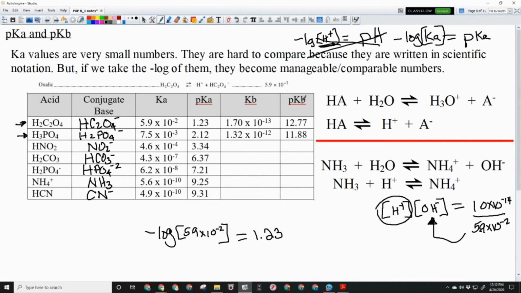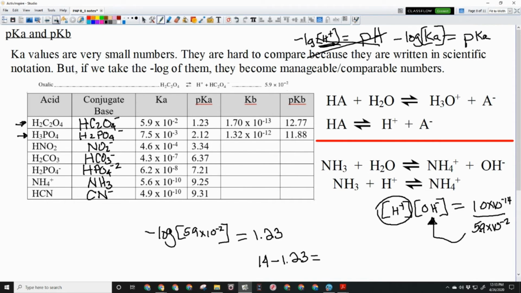So if we want to solve for the pKb, all we have to do is take 14 minus 1.23. That's going to give us 12.77. So it's the same thing as the pH. This is just working with Ka and Kb, so you can get all of these values. On your homework problem sheet you have a table like this where you're solving these values. It may be this exact table, as a matter of fact. So that's how you get those.